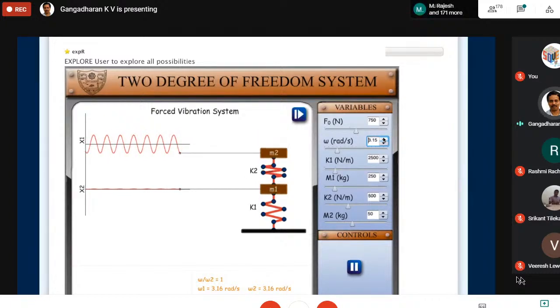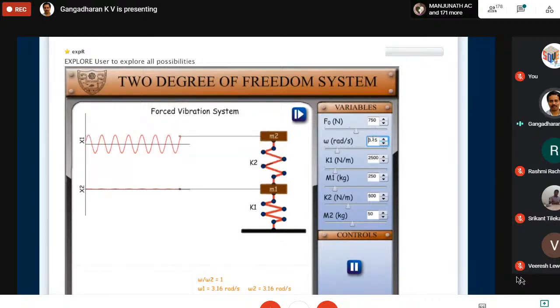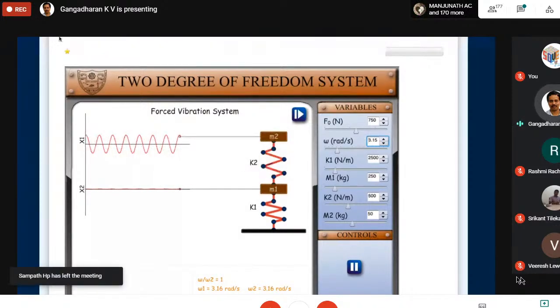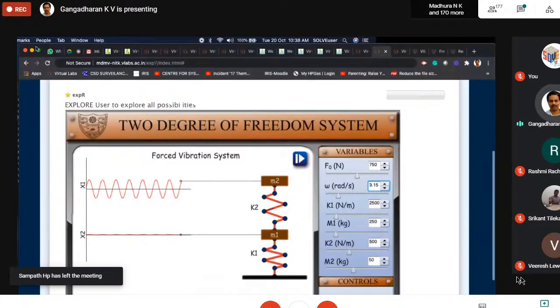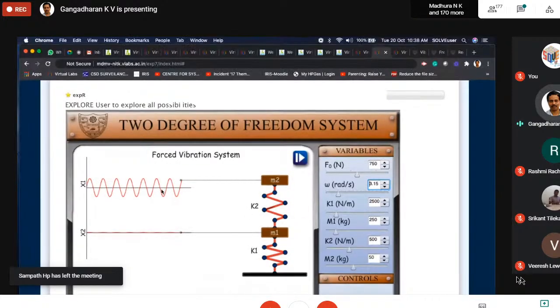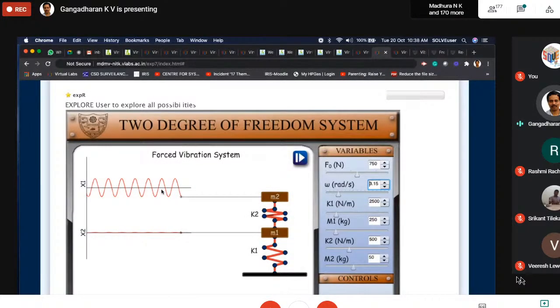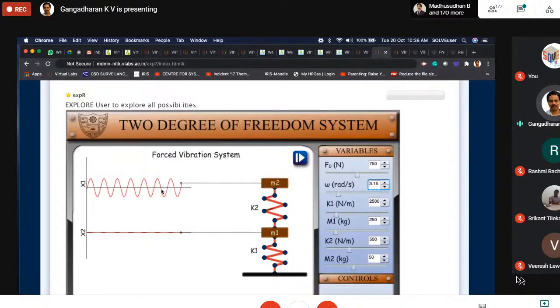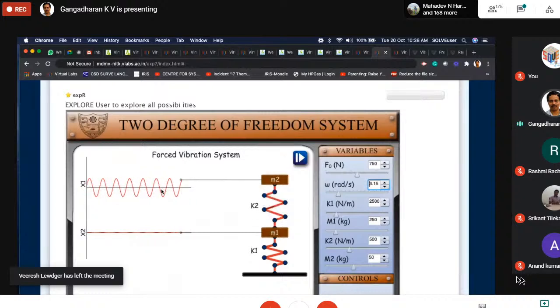If we can play with parameters M2, K2 and M1, K1, this is a design activity. We should be able to get such things done. So those who have taken vibration as a subject, at least for me, it was very difficult to convince my students by looking at the equation saying that there is a possibility that it can be achieved. And this is also the basic principle of the dynamic vibration absorber, which is used in many applications.